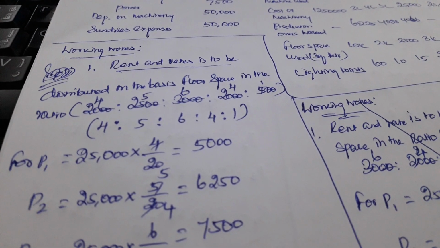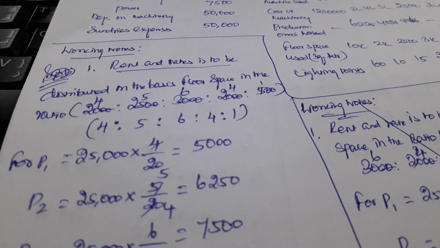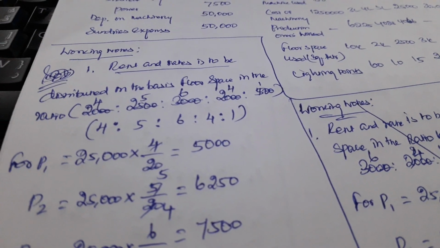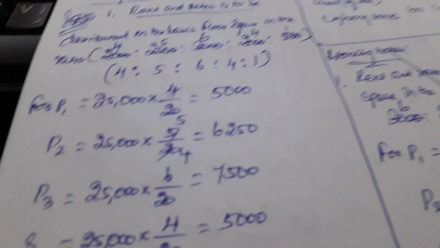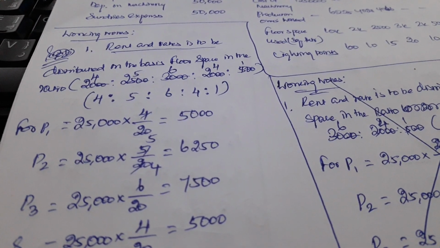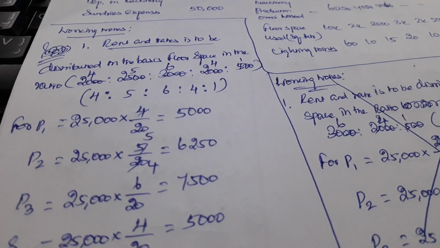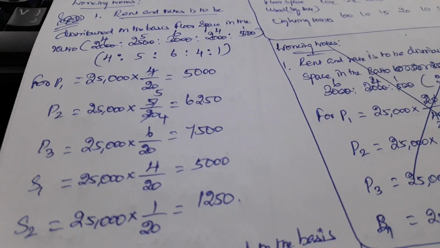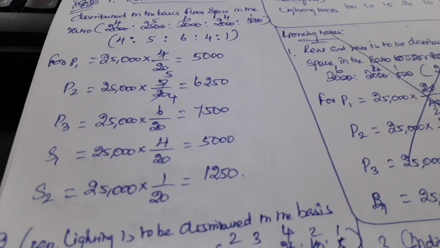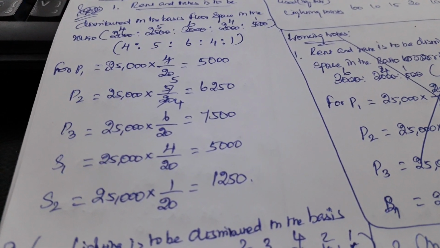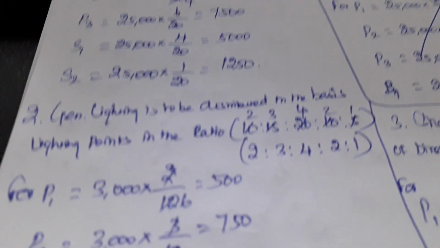If you solve this multiplication, we get 5,000. Then for production department 2, 6,250, production department 3, 7,500, as well as the service departments.